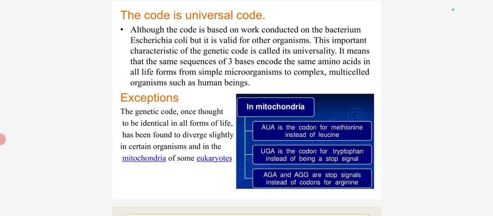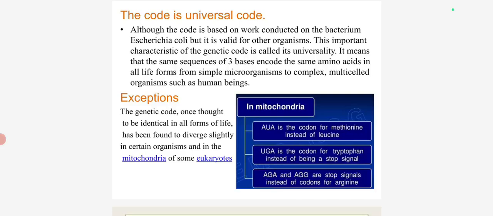Under these conditions, there are some exceptions. The genetic code, once thought to be identical in all forms of life, has been found to diverge slightly in certain organisms and in the mitochondria of some eukaryotes. For example, in mitochondria, AUA is the codon for methionine instead of leucine.